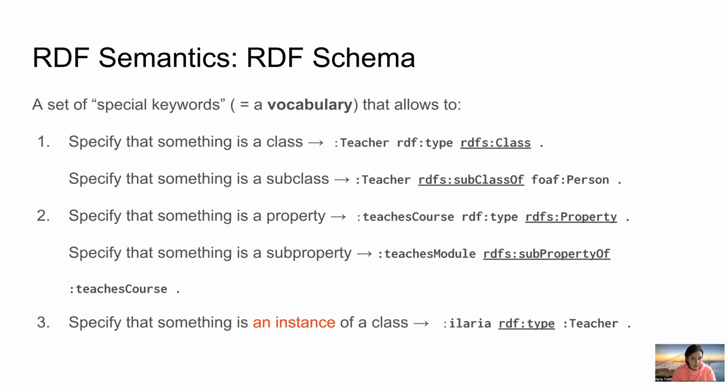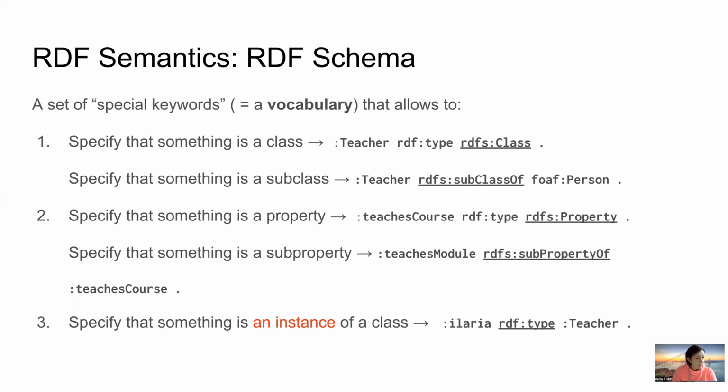If you think of RDFS, you need to think of a set of special keywords. This set of special keywords is nothing but a vocabulary. We will see different types of vocabularies over the course, and RDFS is the one you need to get more familiar with. This vocabulary allows you to specify a number of things.